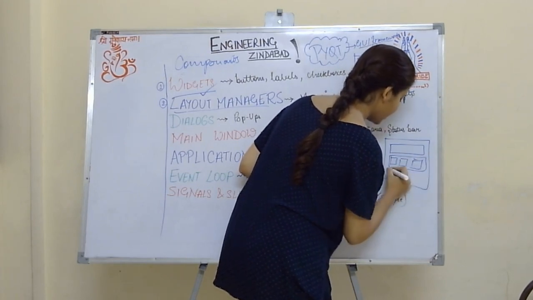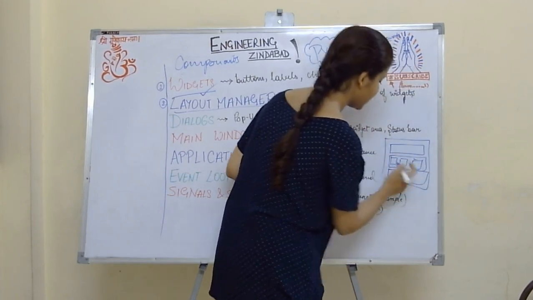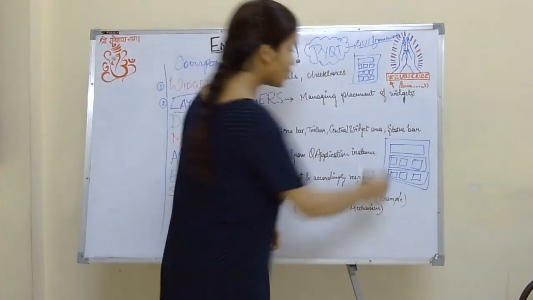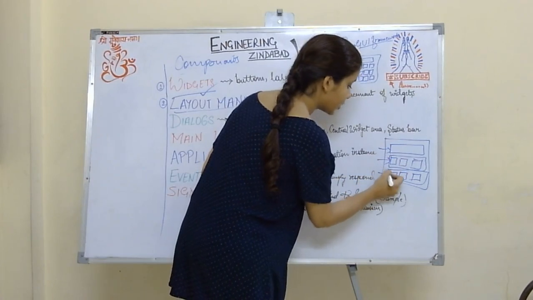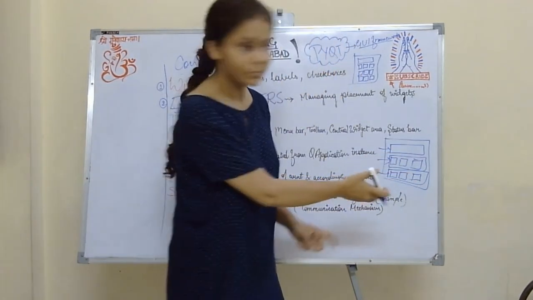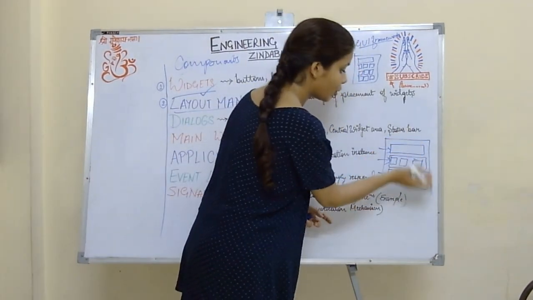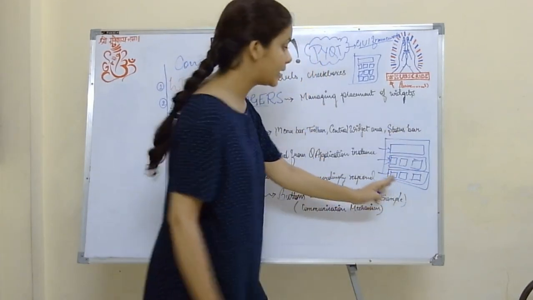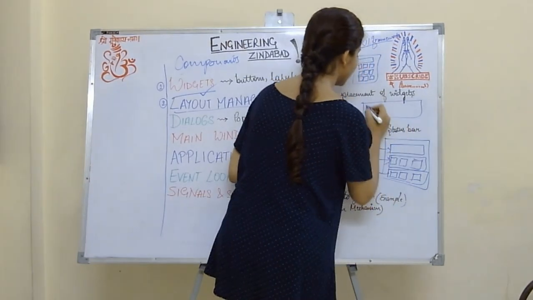Again, in the next row, three buttons should come. So this is aligned vertically, one row below the other. Which kind of layout is this? It is a vertical layout.